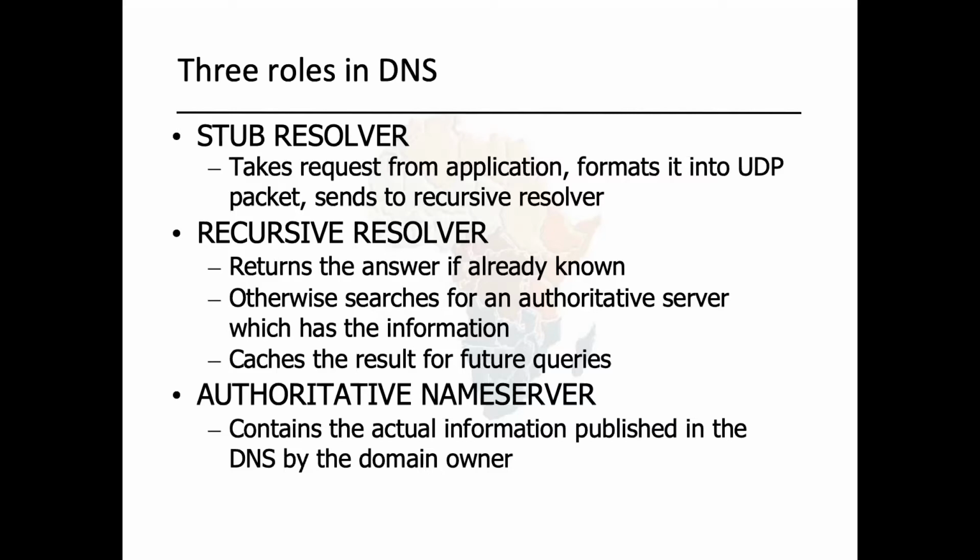So when you go to your browser on your mobile phone and you type facebook.com or yahoo.com, there's a stub resolver in your phone or in your device. It takes that request from your browser, packages it, and then sends that request to a recursive resolver, or what you will actually know as the DNS server. The recursive resolver is actually the DNS server that you're going to configure.